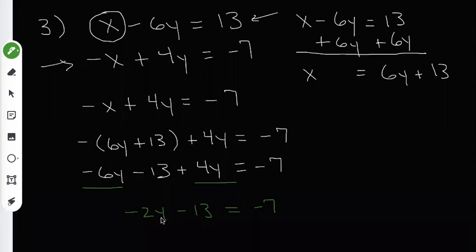So now to get y by itself, I would need to get rid of this negative 13 and this negative 2 right here. So how could I do that? Well, to get rid of a negative 13, we add 13 to both sides. And I'm kind of running out of space here, so I'm going to go over here.